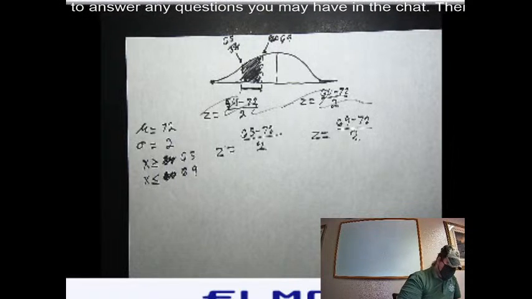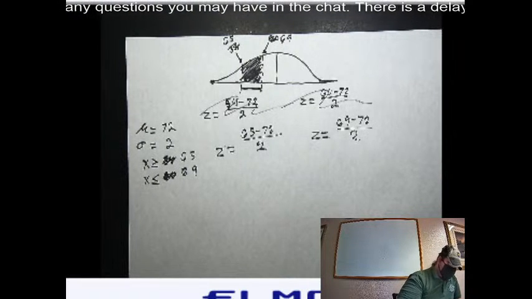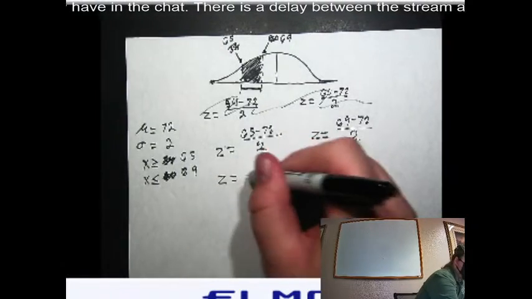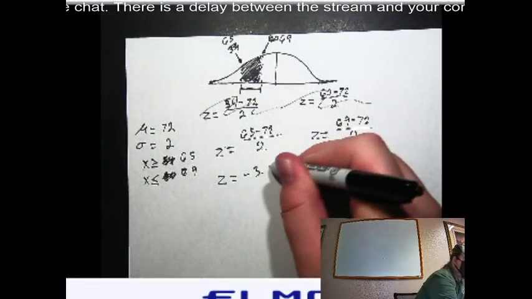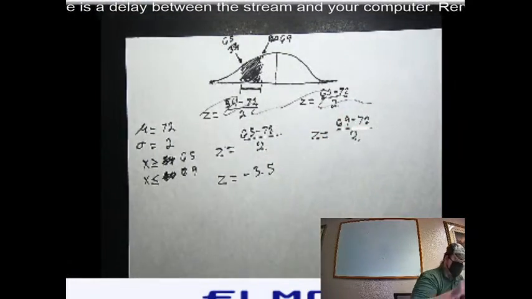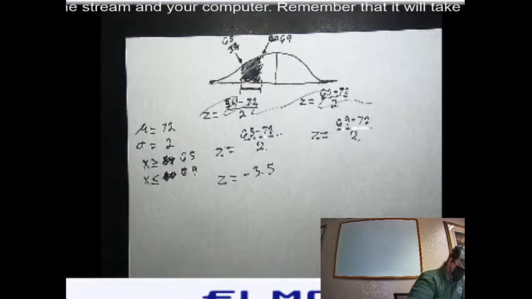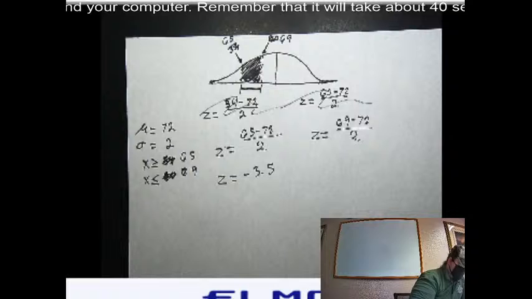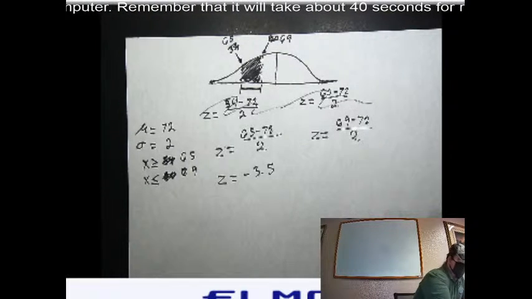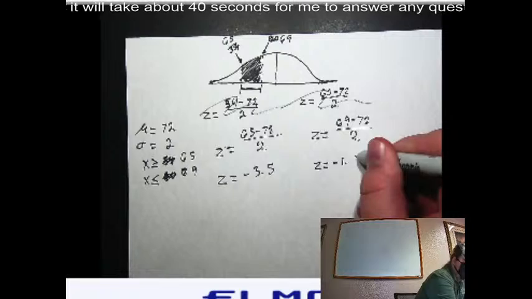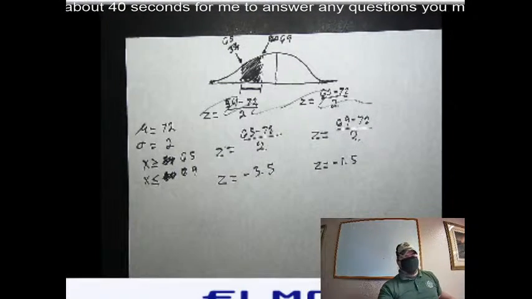So 65 minus 72 divided by 2 is negative 3.5. And then the second one, 69 minus 72 divided by 2 is negative 1.5. All right, there we go.